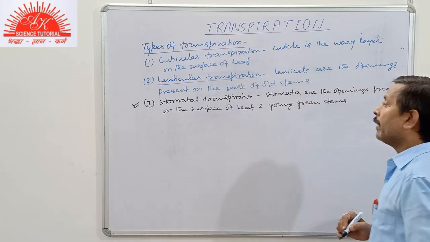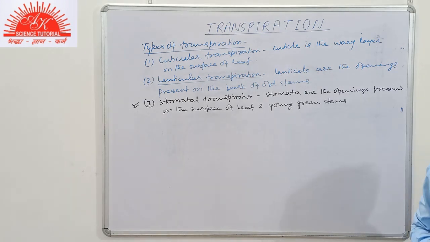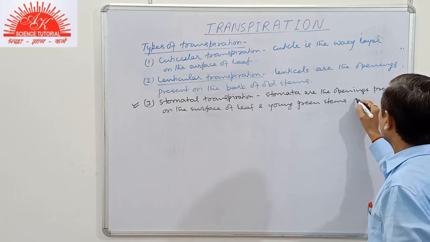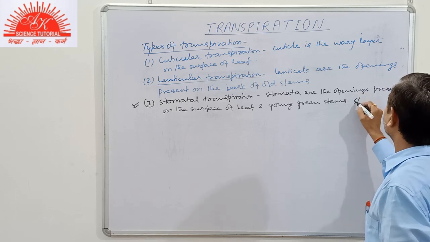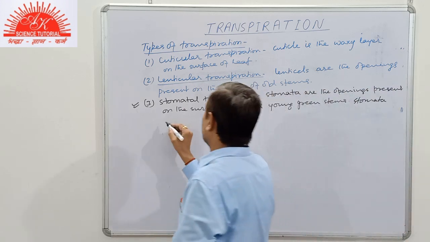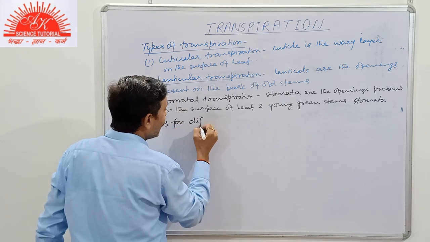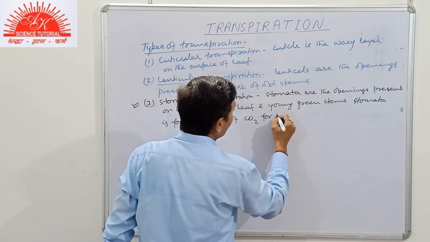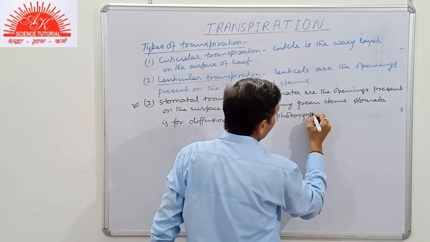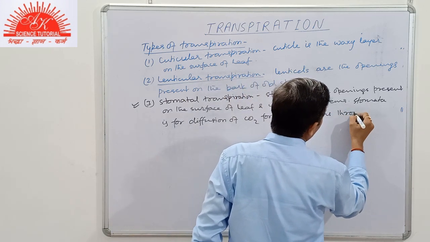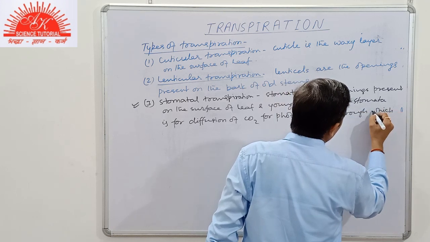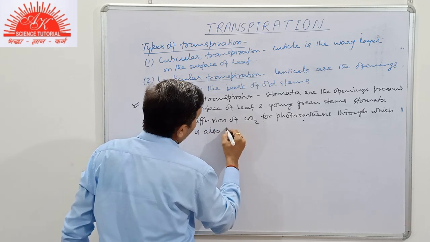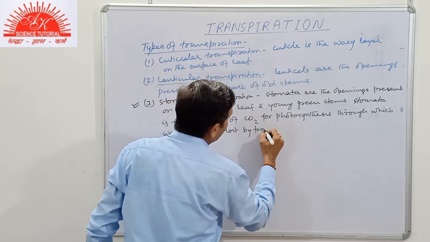Now you see, stomata are mainly responsible for the diffusion of carbon dioxide, CO2, for photosynthesis, through which water is also lost by transpiration.